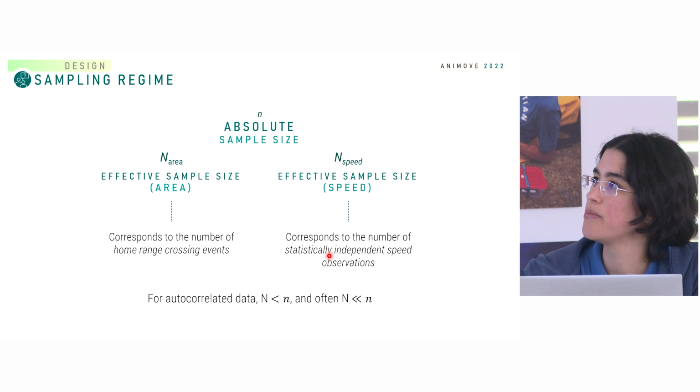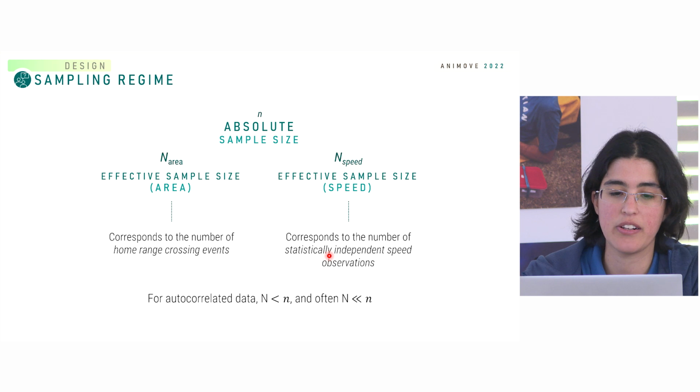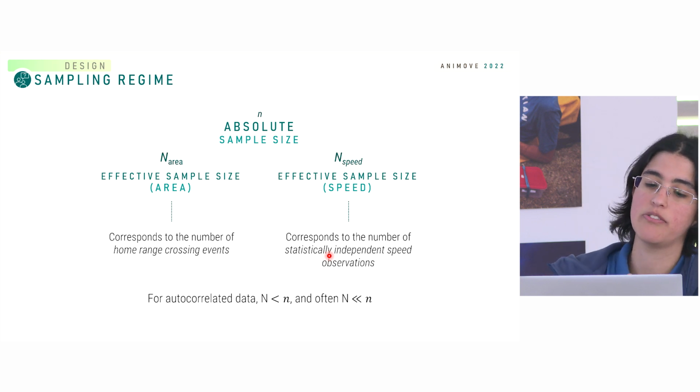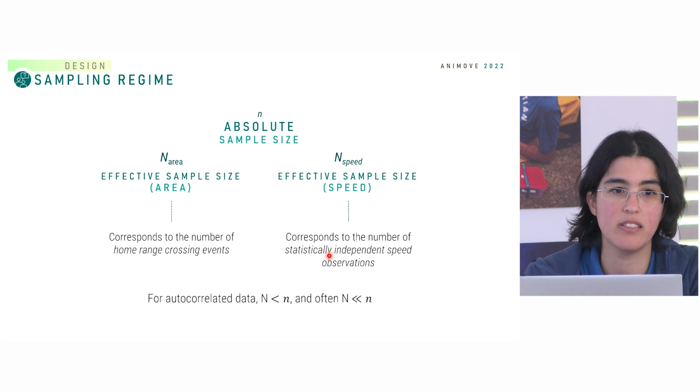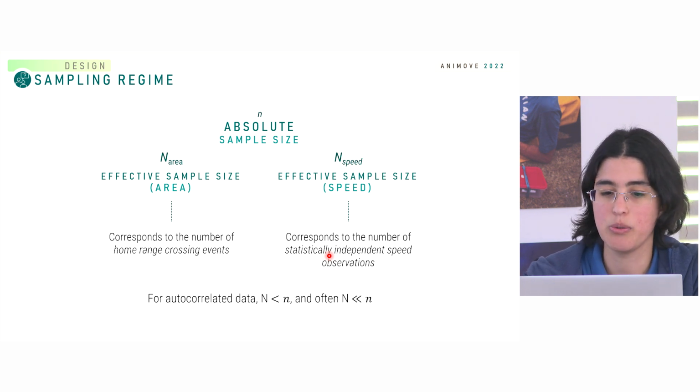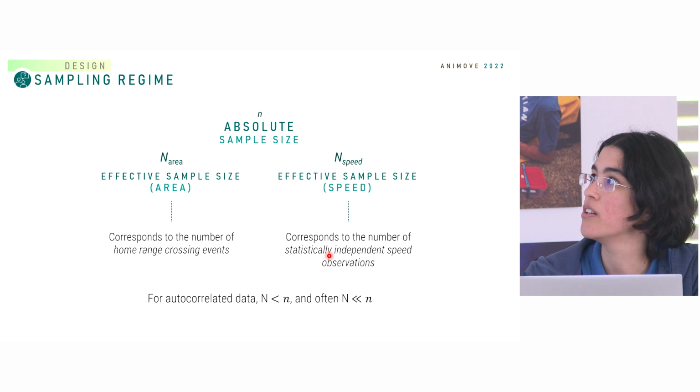And we already know from what I've mentioned before that the effective sample size for area, essentially the number of home range crossing events that we need to consider, is the important factor for how much data you should collect. So you don't end up with a case where you have an effective sample size of 4 and have to do bootstrapping, which may or may not work for whatever data you have. And the same thing is true about any sort of estimation of speed.